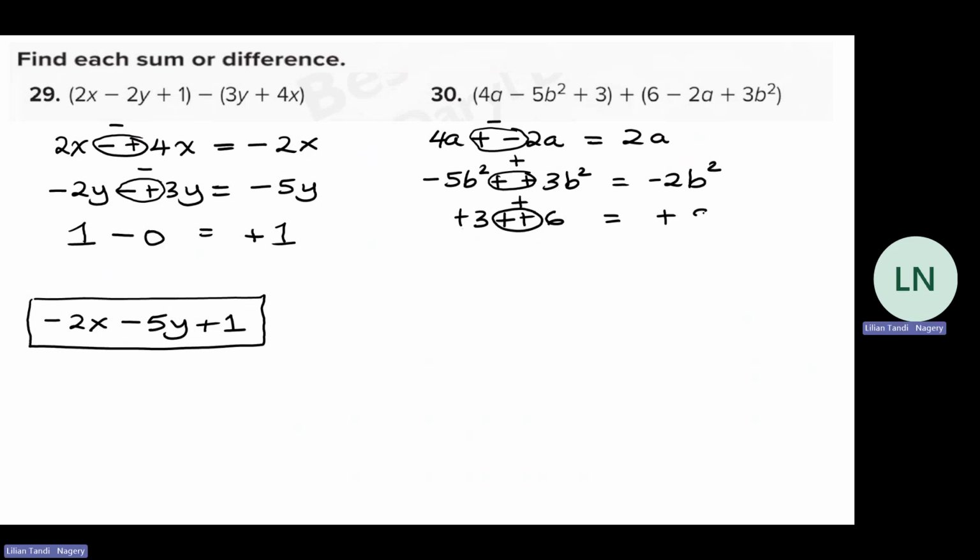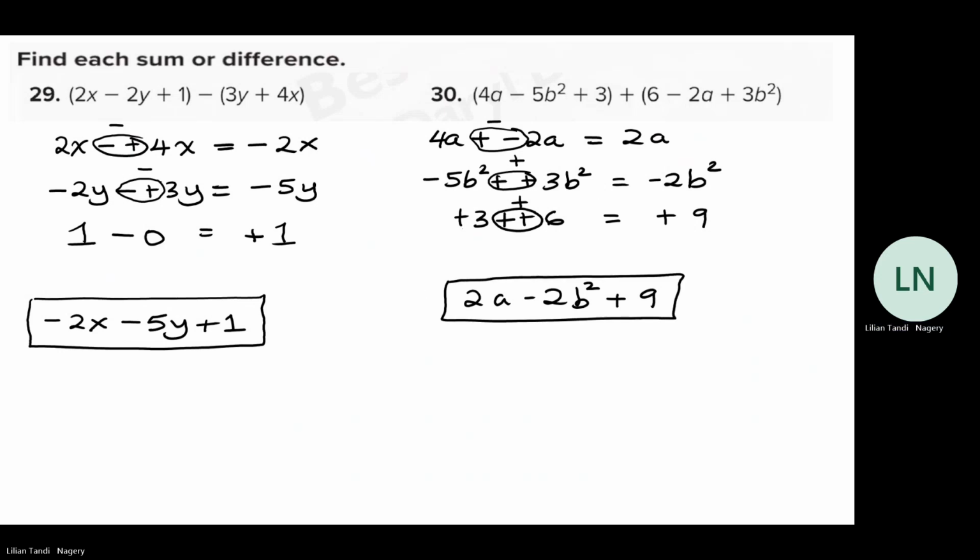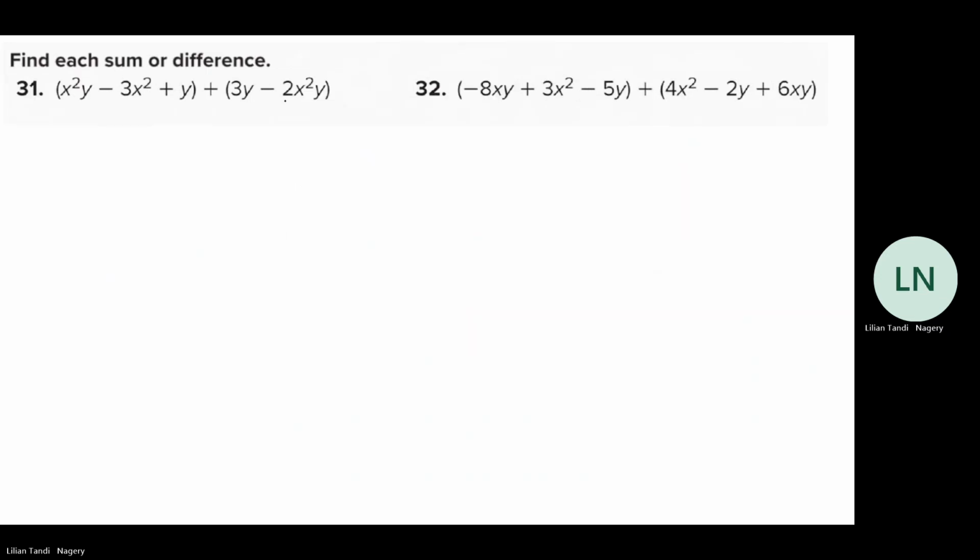Positive 3 plus 6 is positive 9. Then I just write my answer, 2a minus 2b plus 9, 2b squared. And I box my answer.